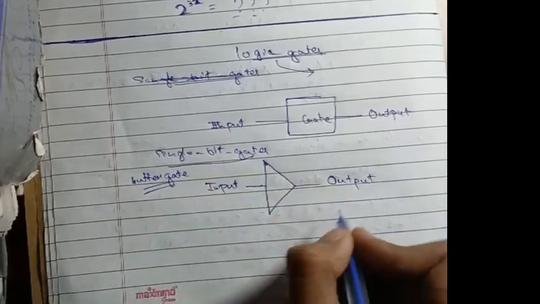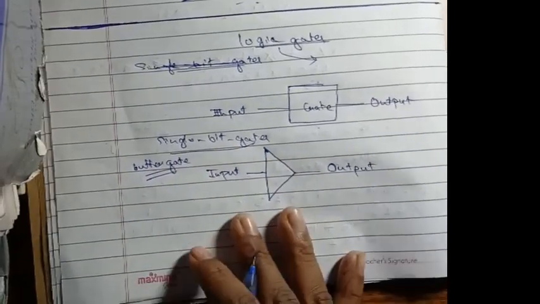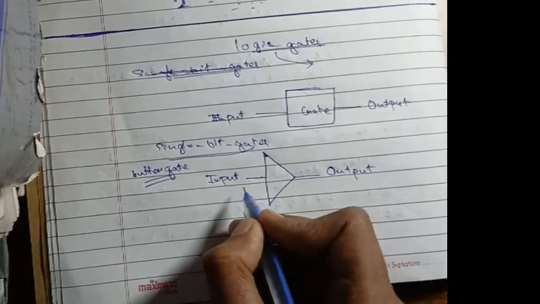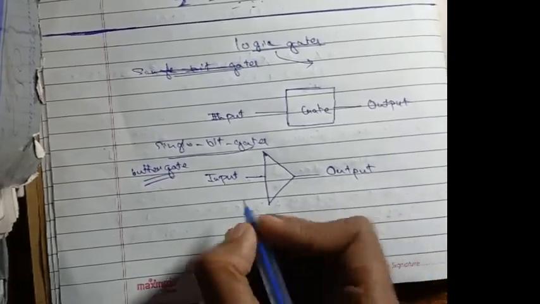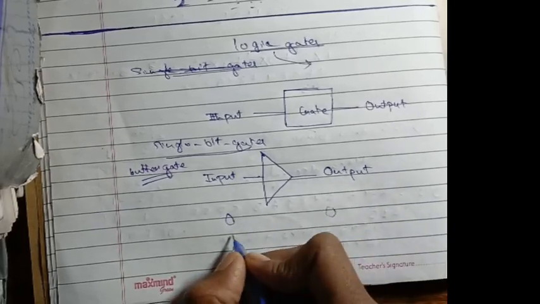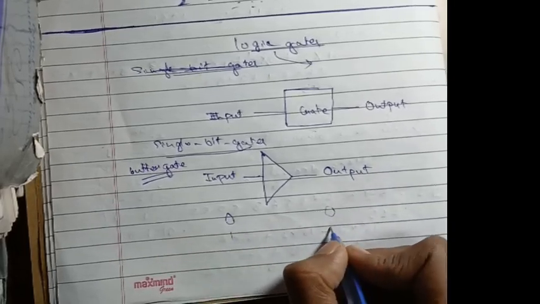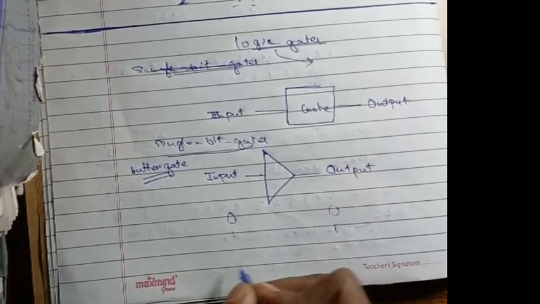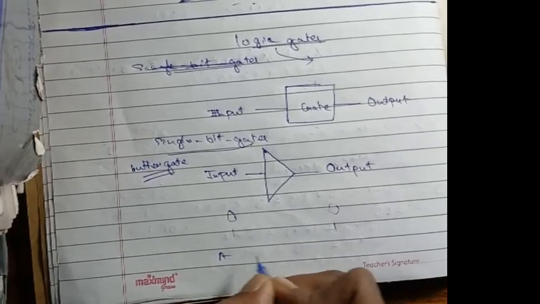It is called a buffer gate, where the number it takes, it returns the same number. Suppose it takes 0, it will return 0. Suppose it takes 1, it will return 1. We can write this like that.